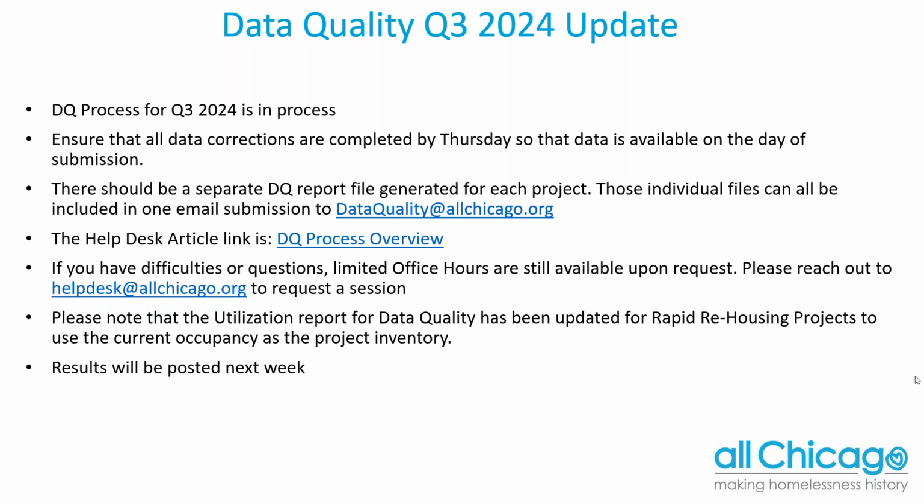So Samantha, I can answer this question for you. The data quality period right now is looking at quarter 3, which is going to be from July 1st to the end of September. So if you don't have any to your project during that time period, then you're not gonna pull into your particular report. But if you would like to schedule time, I can follow up with you after this call.